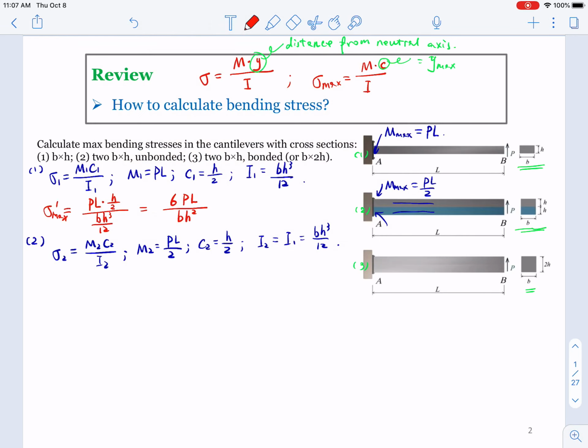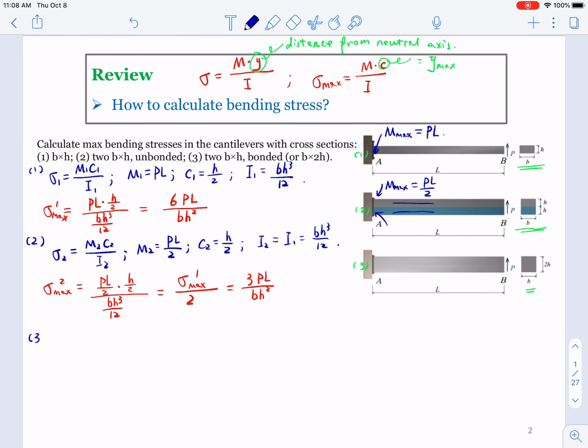So the maximum bending stress in case 2 will be PL over 2 times H over 2 over BH cubed over 12. This is just half of the max stress in case 1. It will be 3 times PL over BH squared.